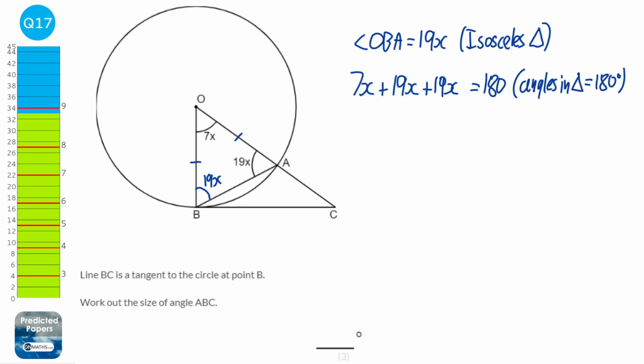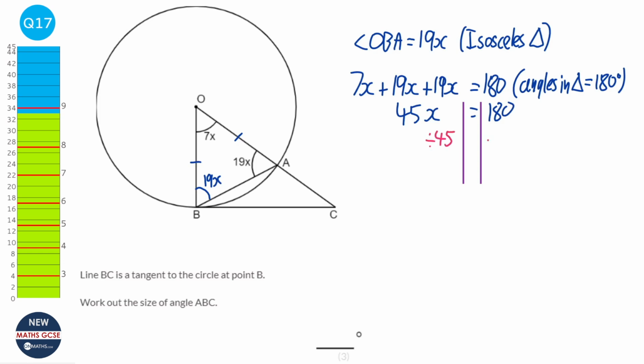Okay, so that's going to be 45x equals 180, and let's get our solving lines in. We're just going to divide both sides by 45. Okay, so we've got x equals 180 divided by 45, which is 4.